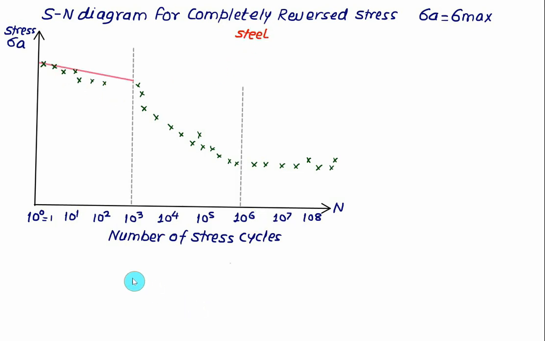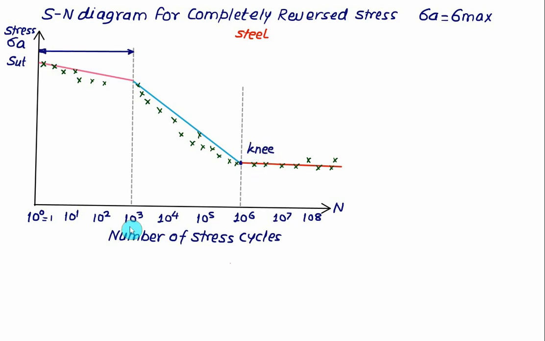So the starting value was taken as SUT, that is the value of SUT for one cycle. From 10 to the power 3 to 10 to the power 6, we almost get a straight line. At 10 to the power 6, there is a formation of a knee and you get a horizontal straight line. So this point formed here is called the knee point.